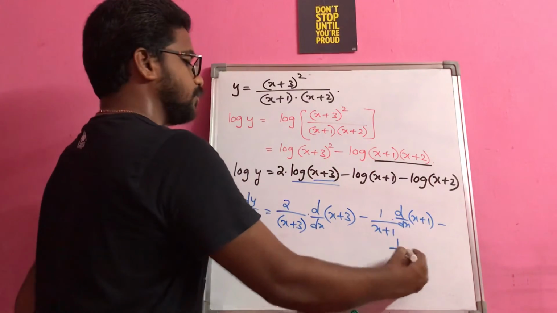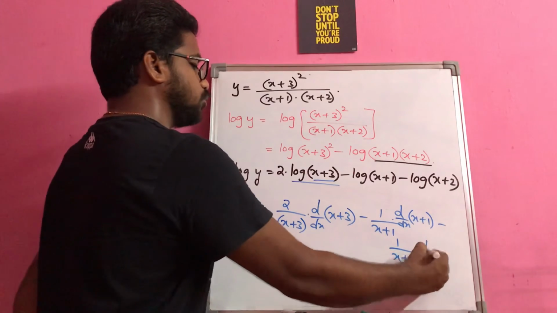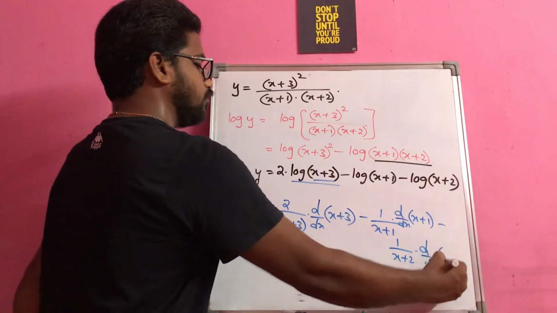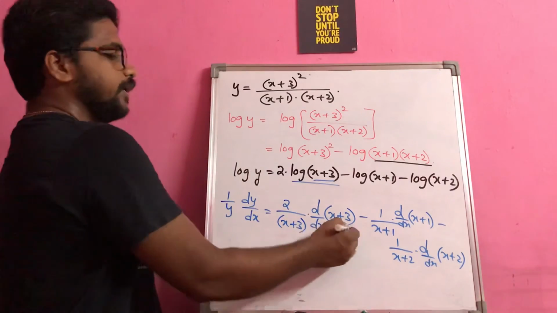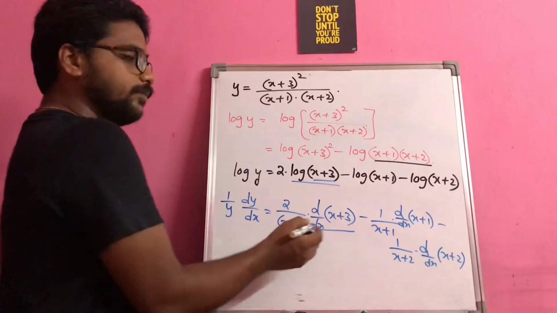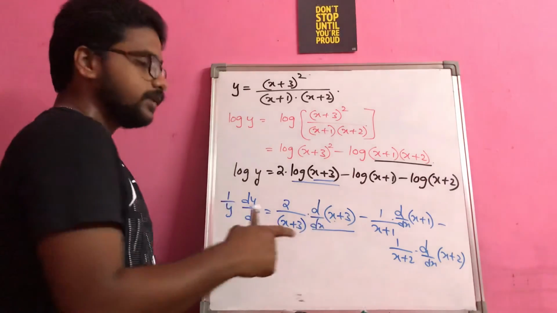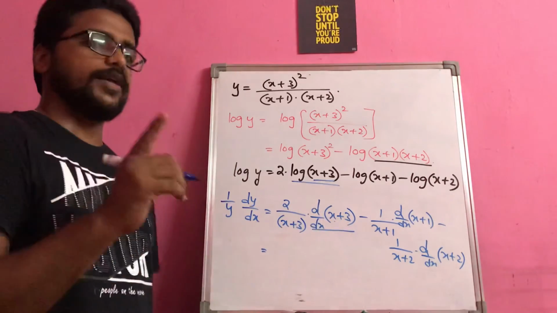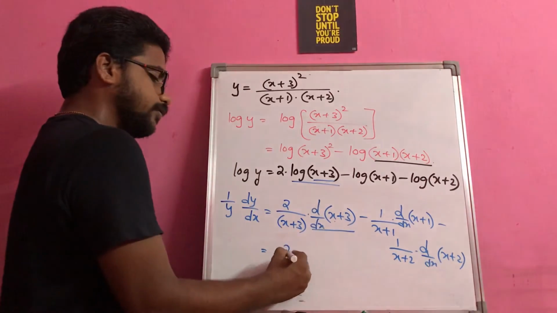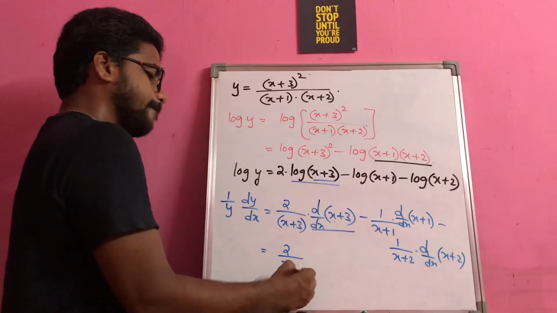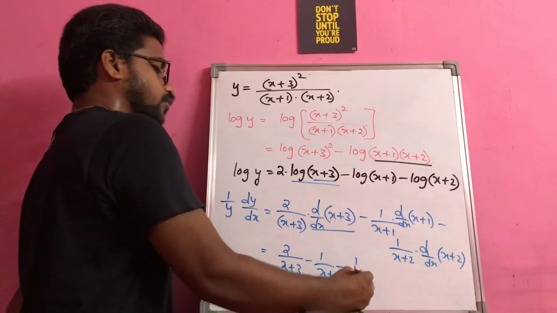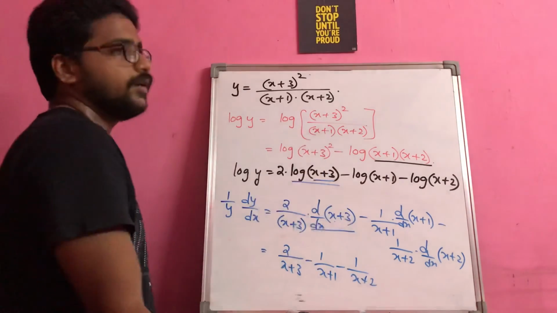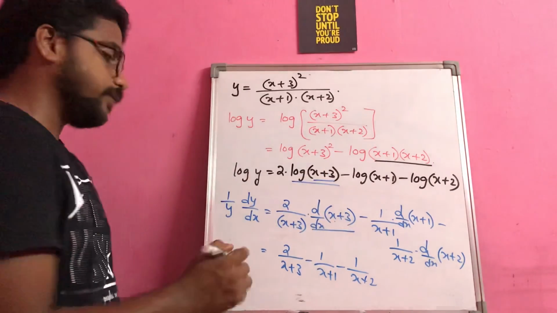Similarly the last step, 1 by x plus 2 into d by dx of x plus 2. We know d by dx of x plus 3 is 1, since the derivative of x is 1 and of 3 is 0. So finally we get 2 by x plus 3 minus 1 by x plus 1 minus 1 by x plus 2. But you need the value of dy by dx.